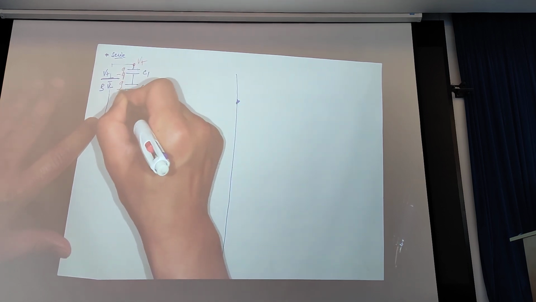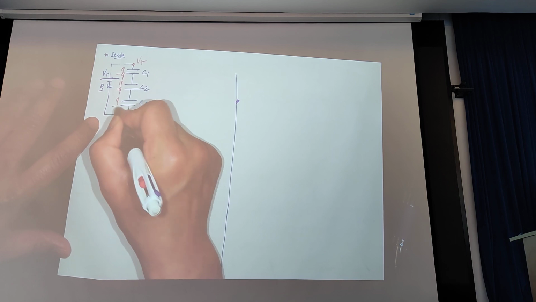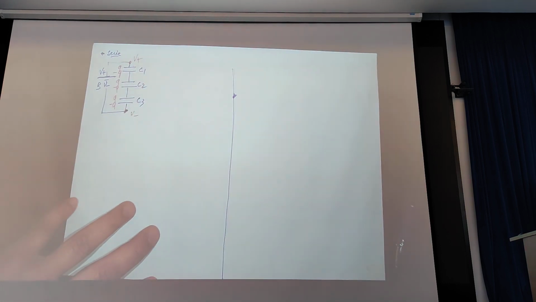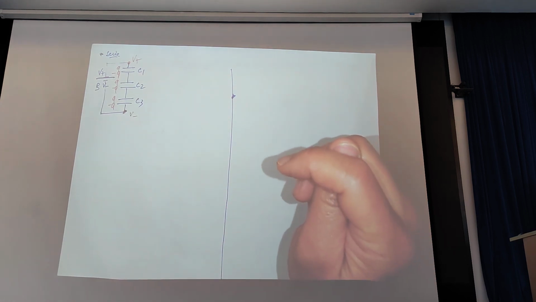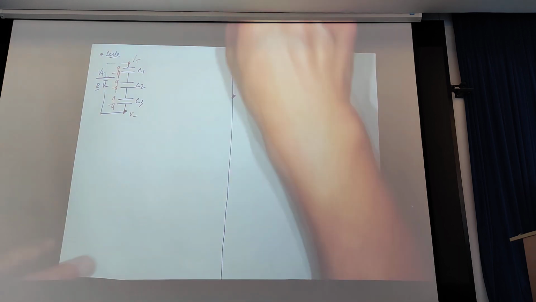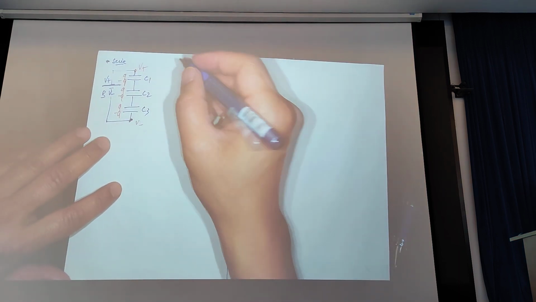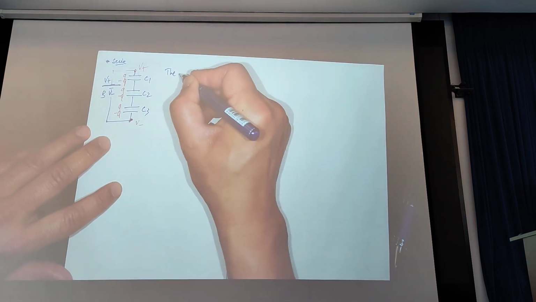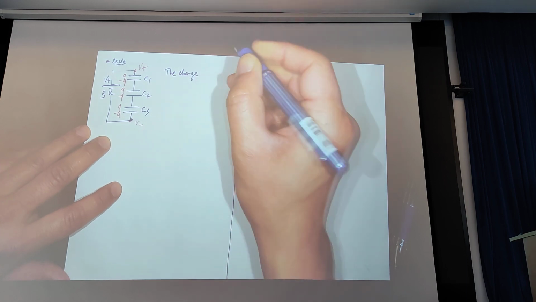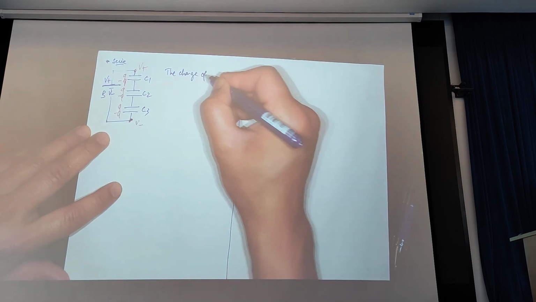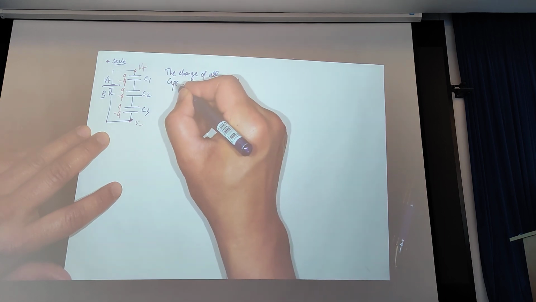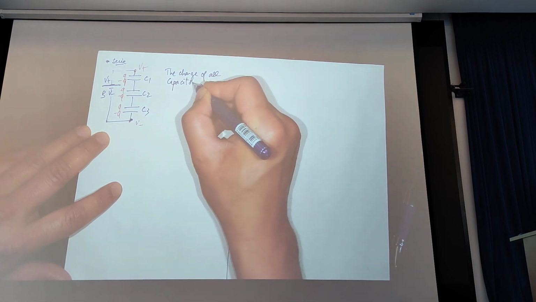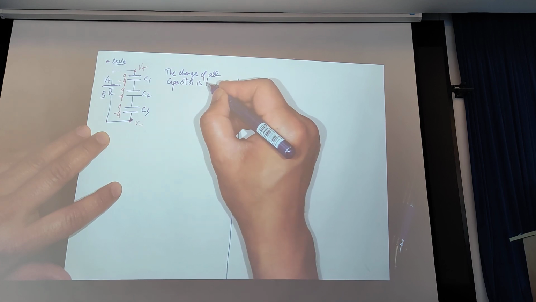You have minus Q, plus Q, minus Q. So in series, the charge of all the capacitors is the same.